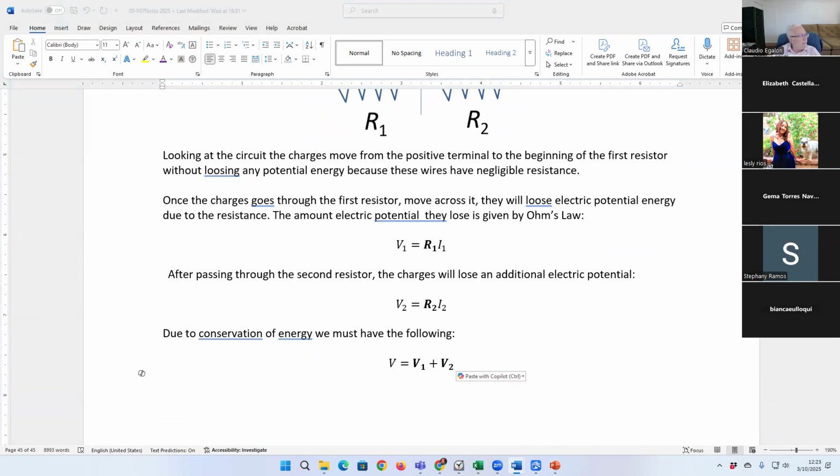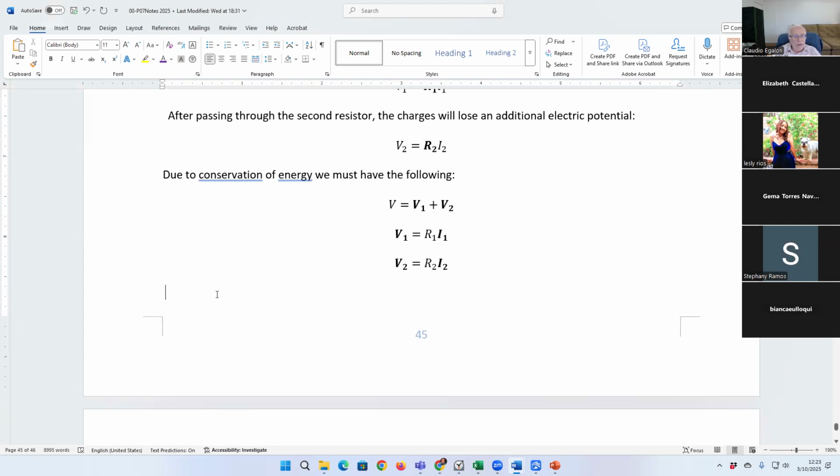And now we are going to have three equations and four unknowns, right? V1, V2, I1, I2. Okay? Note, the first equation comes from the principle of conservation of energy.